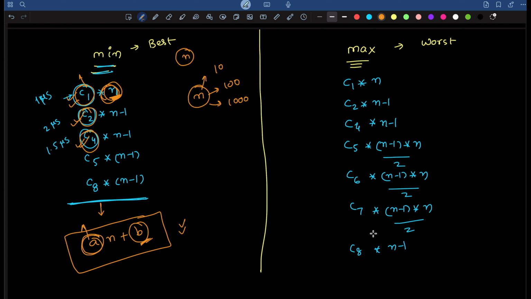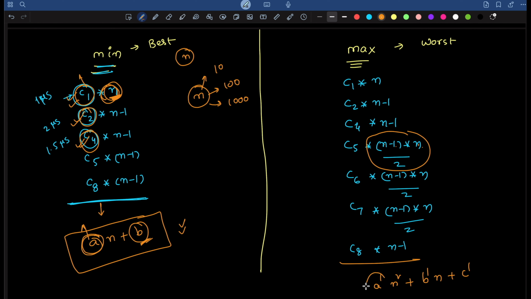In the worst case, when we sum up everything, we get a term involving n into n minus 1. When we expand this, it produces an n square term, right? So the total time can be written as, instead of a, I'm writing a dash n square plus b dash n plus c dash here.